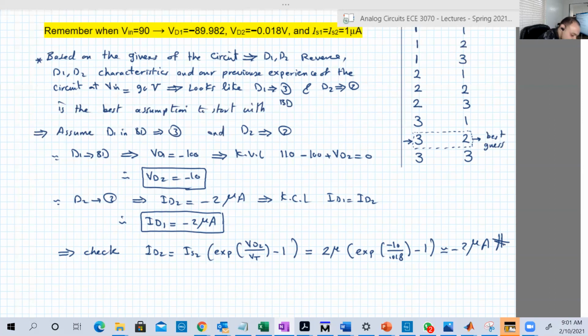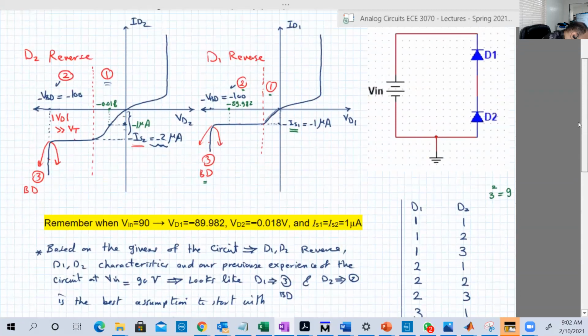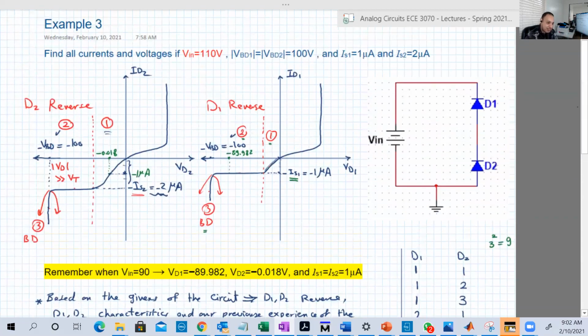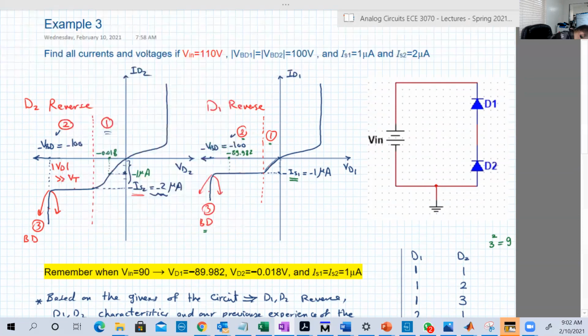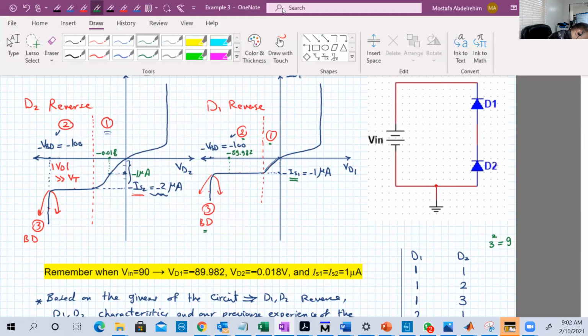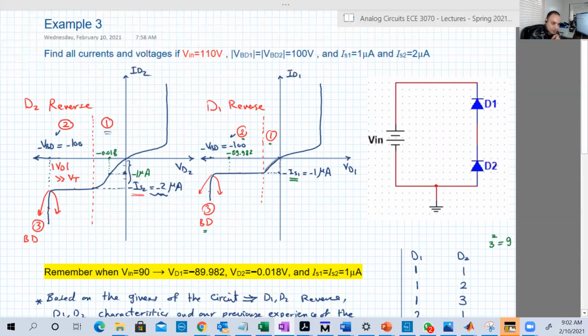One last thing here is that if we look at the characteristics again, let's do it with another color, to see if our new operating points match the characteristics. So in these characteristics, when D1 is in breakdown, we are in region 3, we are here, okay, and the current was minus 2 microamperes.